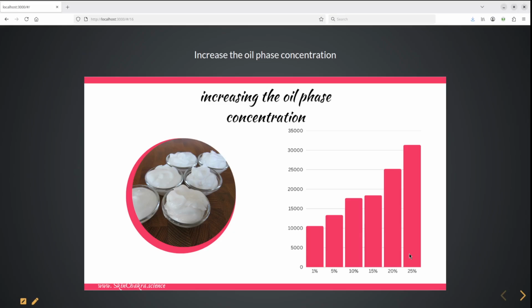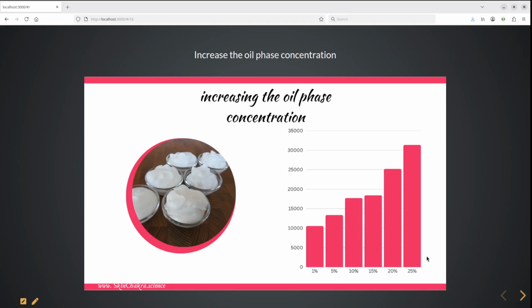Some emulsifiers go higher, up to 45%, and some emulsifiers have a happy range which is lower than that. For EcoGel, for example, the maximum oil phase concentration is 10%, but for, let's say, GSC, it is between 20 to 25%.